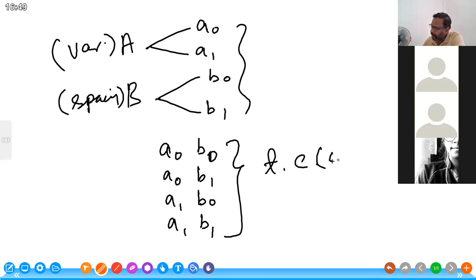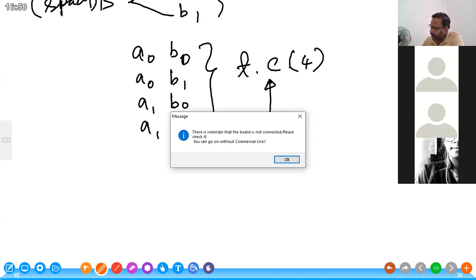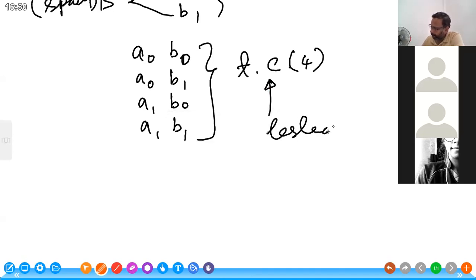How many treatment combinations are there? 4 treatment combinations. Now, these are the ones that are going to be tested. These are the treatments. Here in the factorial, we don't call it treatment. We call it treatment combination. Why? Because it is combined of different levels of each factor. Right?